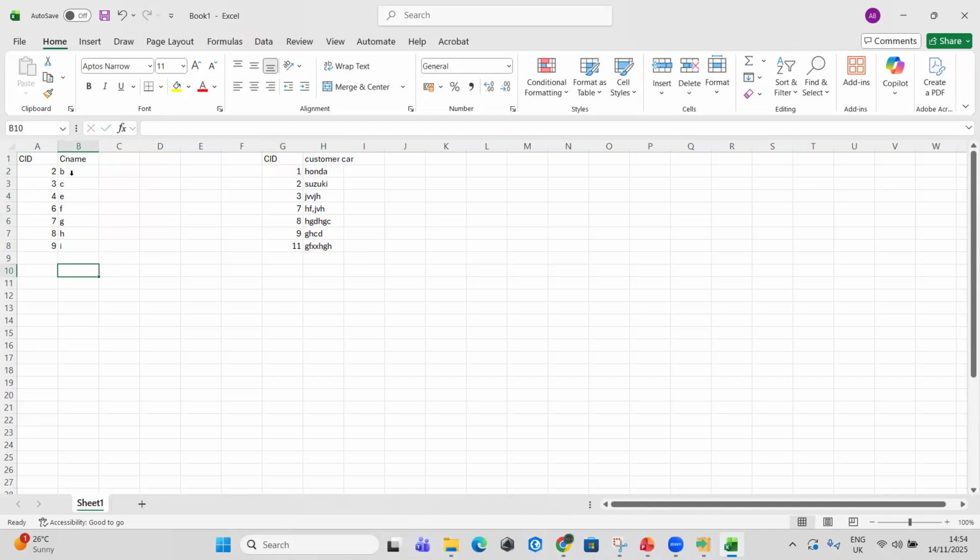When you perform a left join on these both tables, the output will be this.